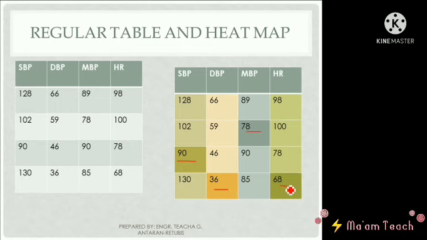So it could be that you are trying to tell the reader that the ones in darker color are the ones you are trying to focus on, or the information that you are trying to convey. See the difference, unlike this one where you just present it plainly. So it's better if you use the heat map so that the readers can easily understand it.